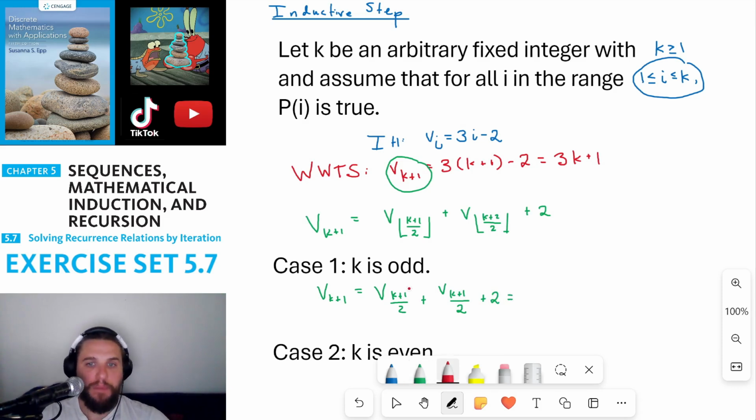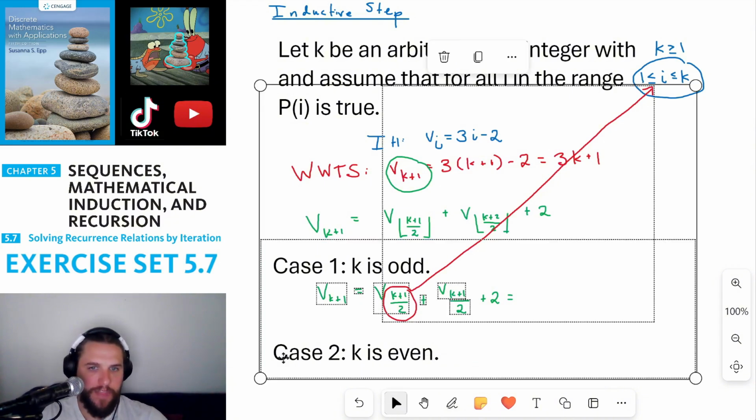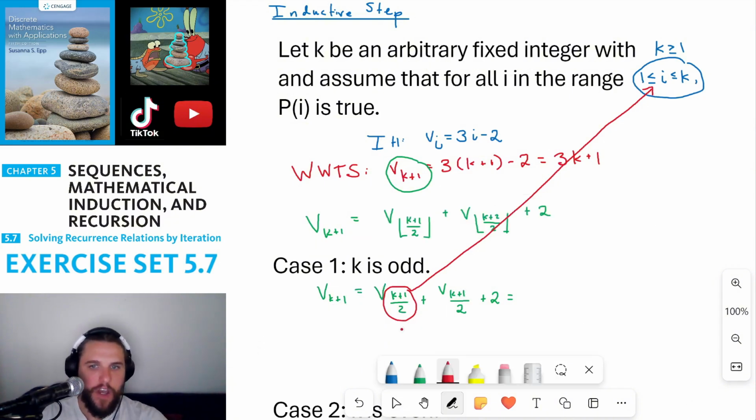Now I want to apply the inductive hypothesis. We know things about v sub i when i is in between 1 and k. But we need to make sure that (k plus 1) over 2 is in this correct range before we apply the inductive hypothesis here. So I'm going to make a note under here that since k is greater than or equal to 1, we can add 1 to both sides to get k plus 1 is greater than or equal to 2.